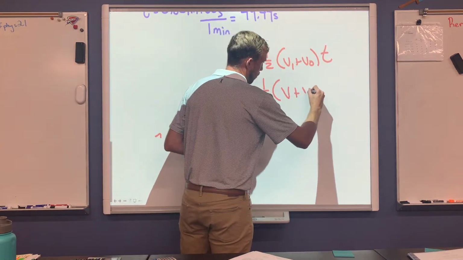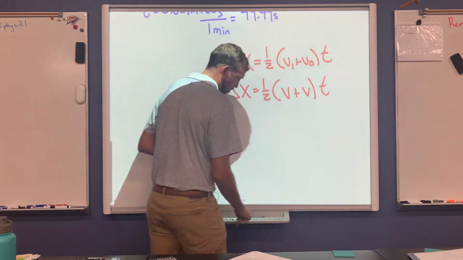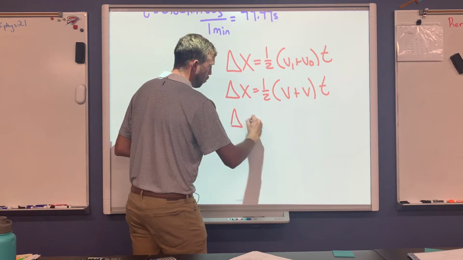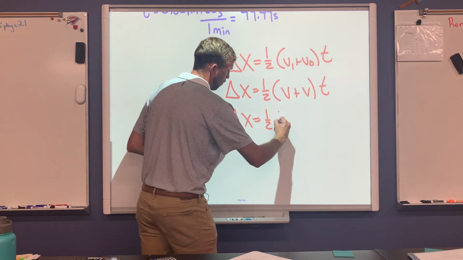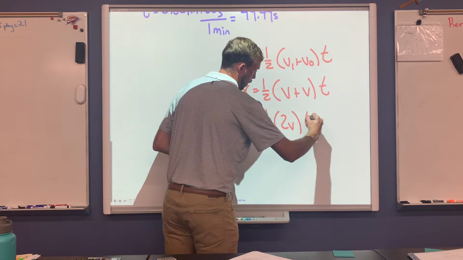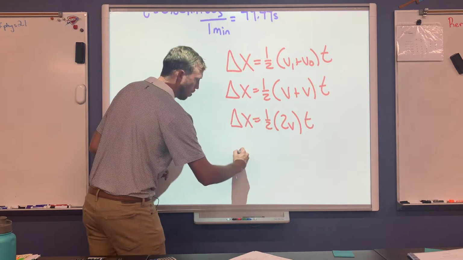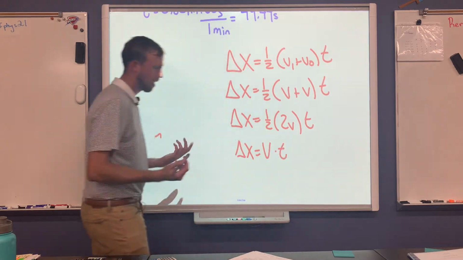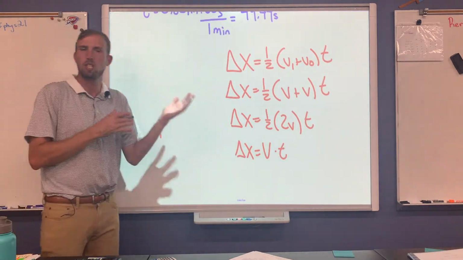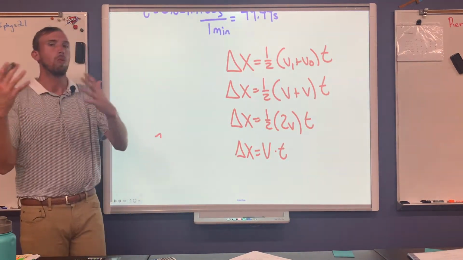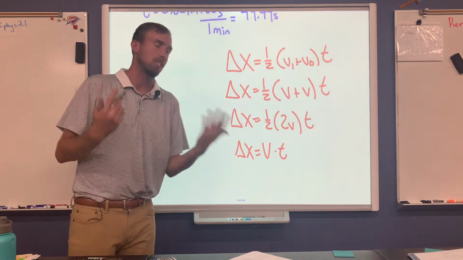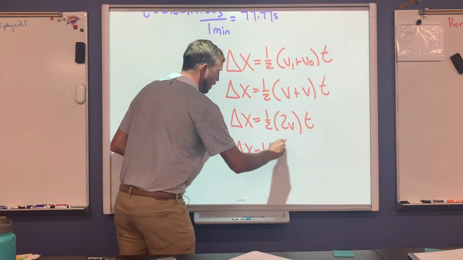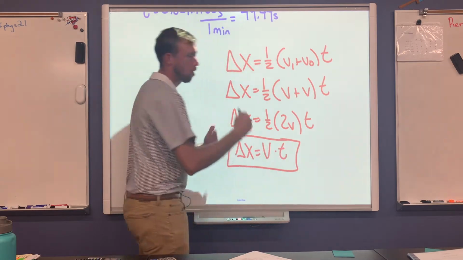I have v plus v times t. Well, v plus v is going to be 2v, so I'd have 1/2 multiplied by 2v multiplied by t. 1/2 times 2 is going to be 1, and I get delta x is equal to my velocity multiplied by my time. And in this situation I don't have to distinguish between initial and final velocity, because those terms are the same. So no matter what I do, I'm going to end up with an equation that displacement is equal to velocity times time.